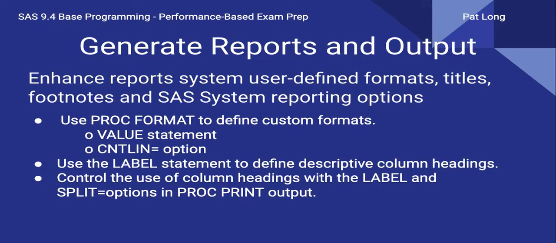We're also going to use the label statement to define descriptive column headings within a data step, and we're going to control the use of column headings with label and split equals options in the print procedure. So let's jump into the code and look at all these by example.